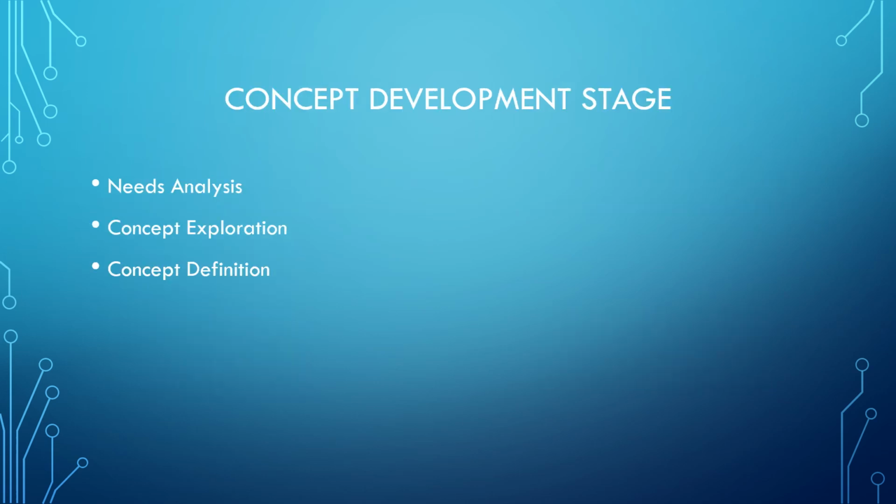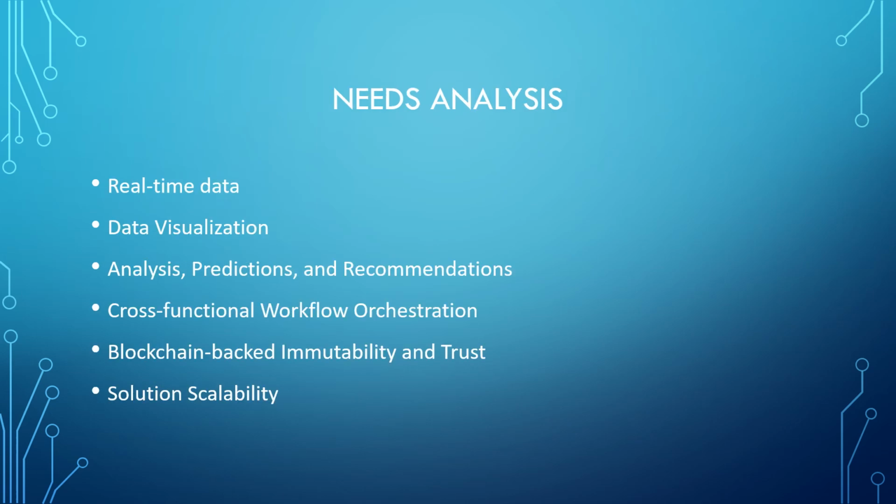Before we start to develop our system, we should go through the concept development stage. So in this stage, we need to consider needs analysis, concept exploration, and concept definition. So for needs analysis, we need the real-time data and the data visualization. After we get data, of course, we need to do analysis, predictions, and recommendations.